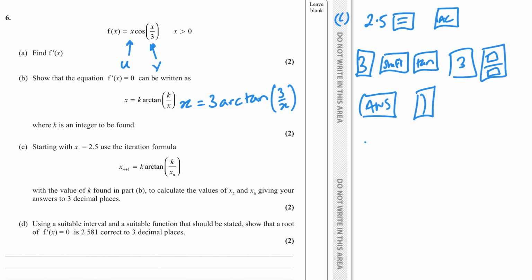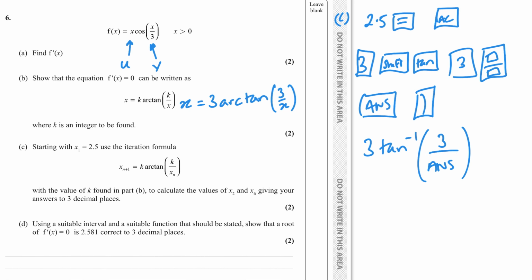So it should look something like this in your calculator, if you've done it right. Okay, you can obviously replace this with a divide sign, would work just the same.